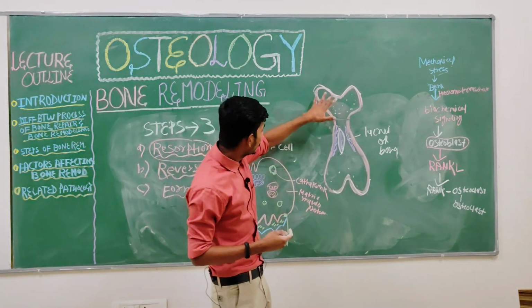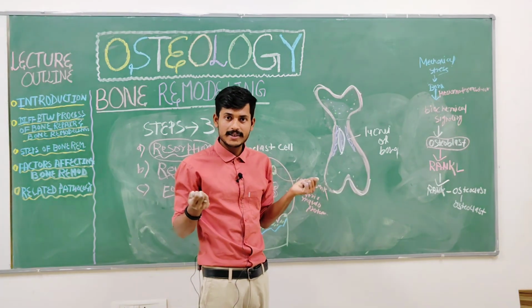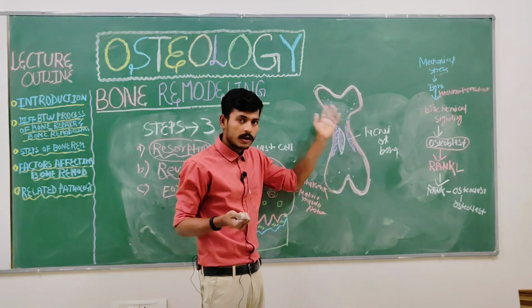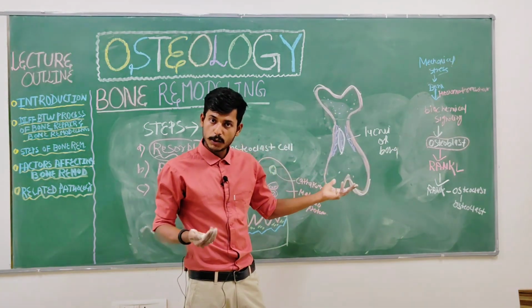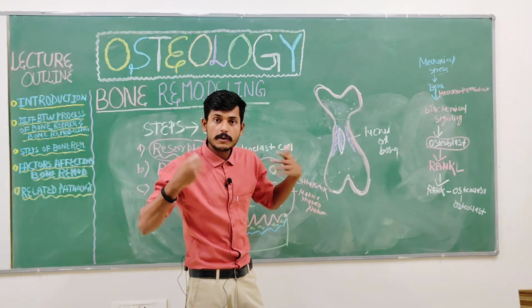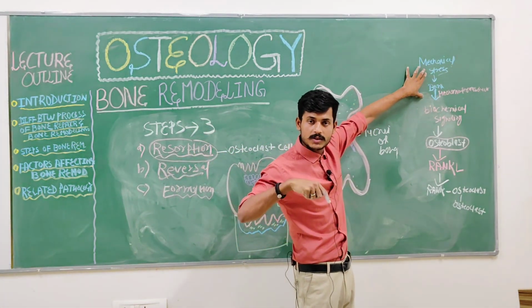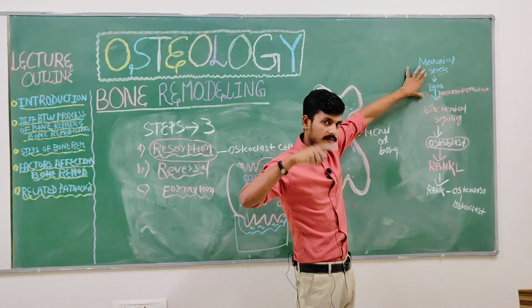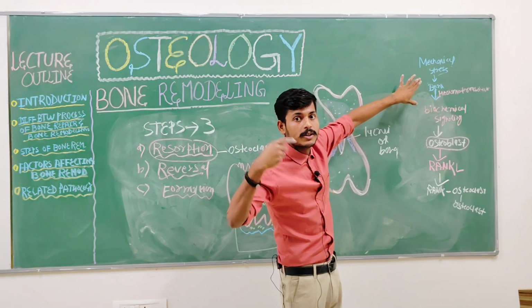Then we see that these cells are basically sleeping in their beautiful place, in the bone environment, in the lining of the bone, and how will they wake up? They will wake up when we put mechanical stress. Bones are mechanosensitive.